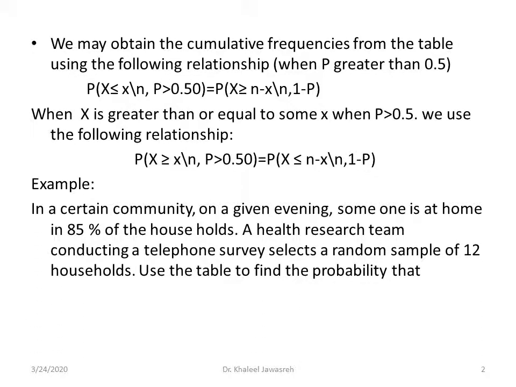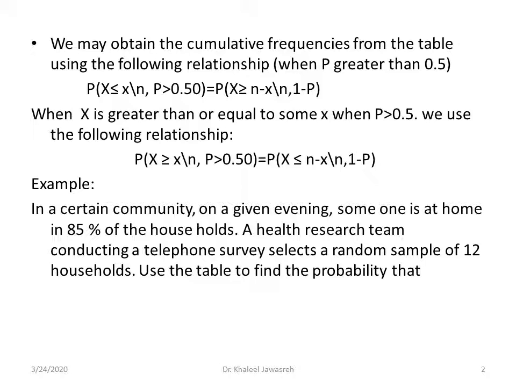In a certain community, on a given evening, someone is at home in 85% of households. A health research team conducting a telephone survey selects a random sample of 12 households. Use the binomial table to find the probabilities.